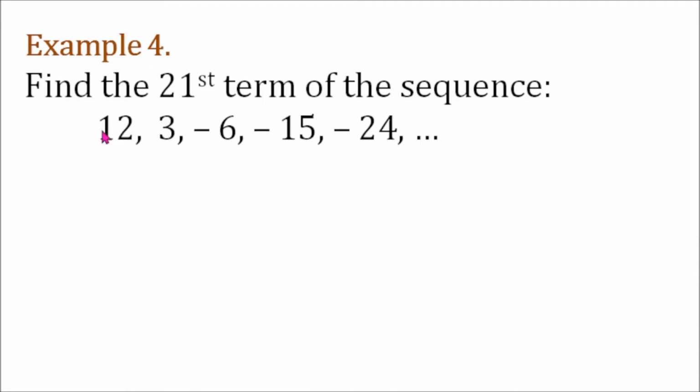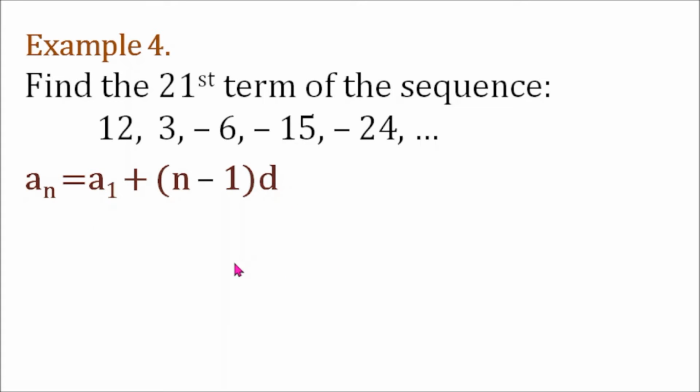Example number 4. Find the 21st term of the sequence 12, 3, -6, -15, -24, and so on. And this is our formula: a sub n equals a sub 1 plus the quantity n minus 1 times d.